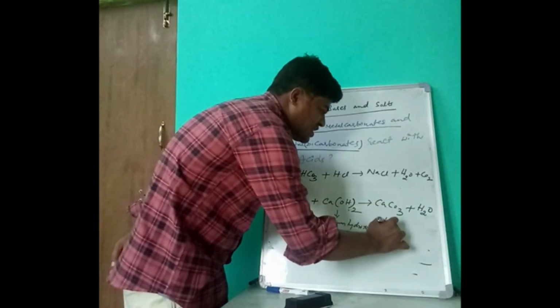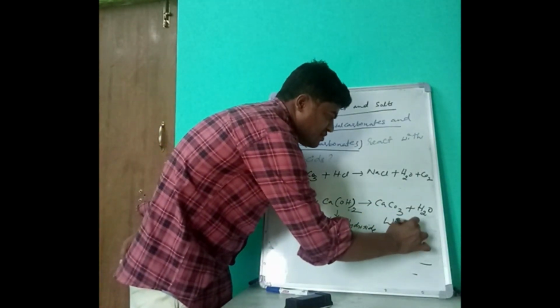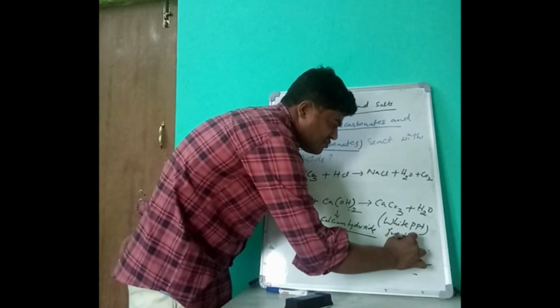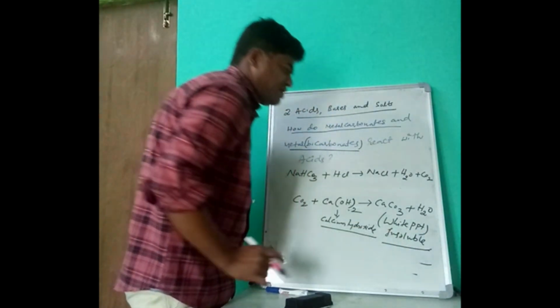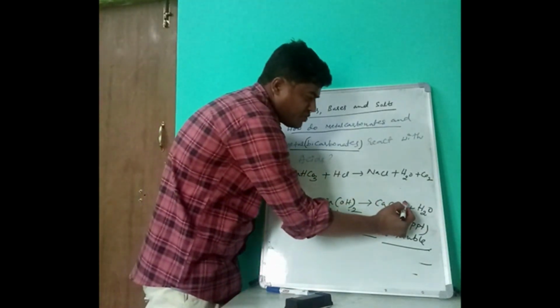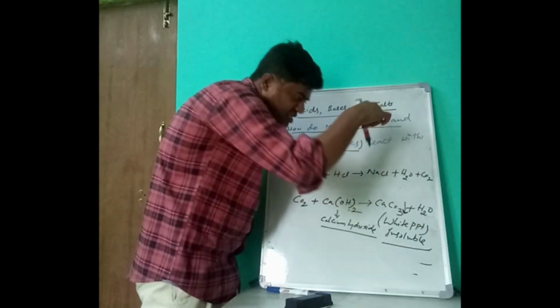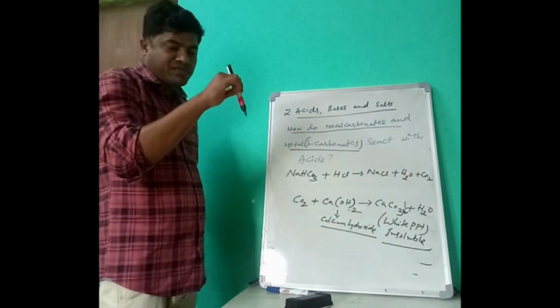It is a white precipitate. It is insoluble in water. Calcium carbonate is generally a precipitate. Precipitate is shown by an arrow mark pointing downwards because it is settling down at the bottom of the test tube.